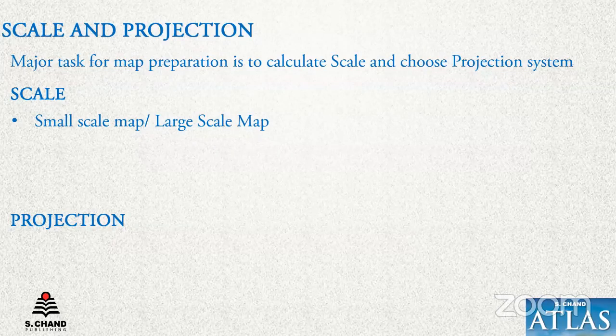We can plot all the buildings, blocks, roads, and every detail. That will be large scale. Small scale is for small details. When we plot the India map, as in the previous India political map, we can't show each and every city, block or district level. So we plot less detail. That is called a small scale map.